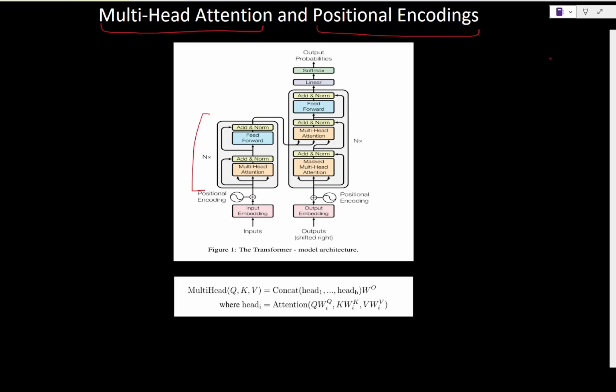Now, exactly what multi-head attention does, how it is different from the attention covered in the previous video, and why it is important are the details that I'm going to cover in this video. Along with that, positional encoding is another additional detail which is also going to be covered in this video. Without any further ado, let's get started.